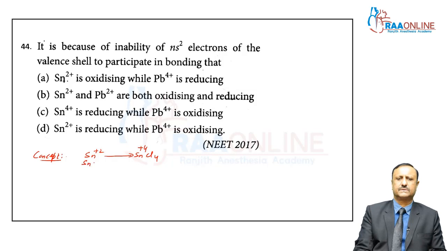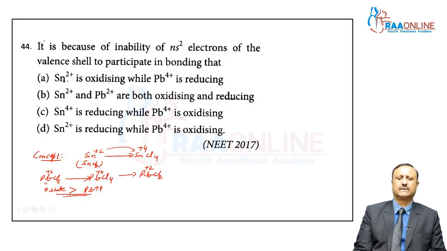Here SnCl2 is converted to SnCl4. Here PbCl4 (+4) is converted to PbCl2 (+2). Here PbCl2 is also converted into PbCl4, but you can see that Pb+2 oxidation state is more stable than Pb+4 oxidation state due to the inert pair effect.